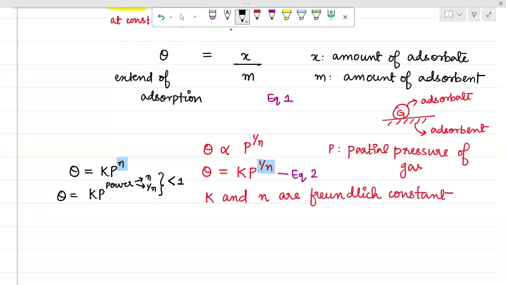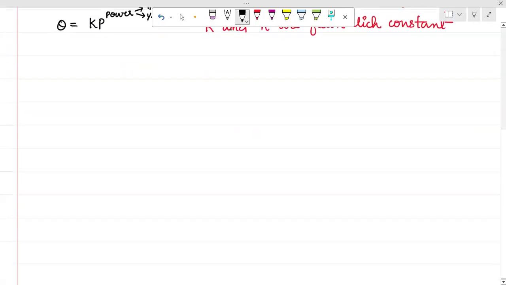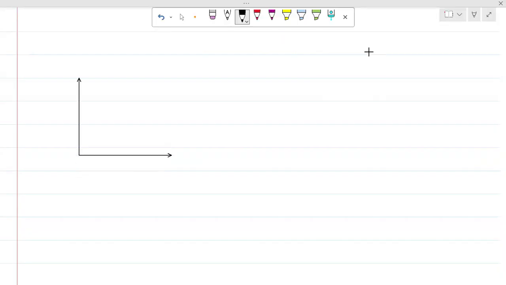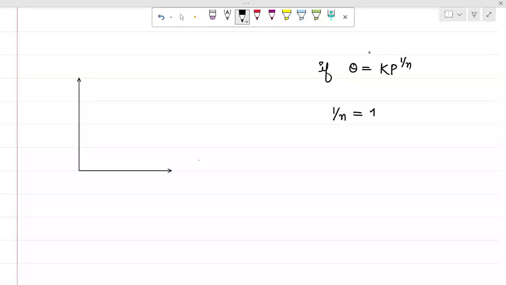Now let's come to the graphical representations. We know the two forms, x by m and Kp to the power 1 by n. Depending on the conditions, we can draw different plots. So let's say you take the equation theta is equal to Kp to the power 1 by n, and let's put the value of 1 by n as 1. So it becomes theta is equal to kp to the power 1.